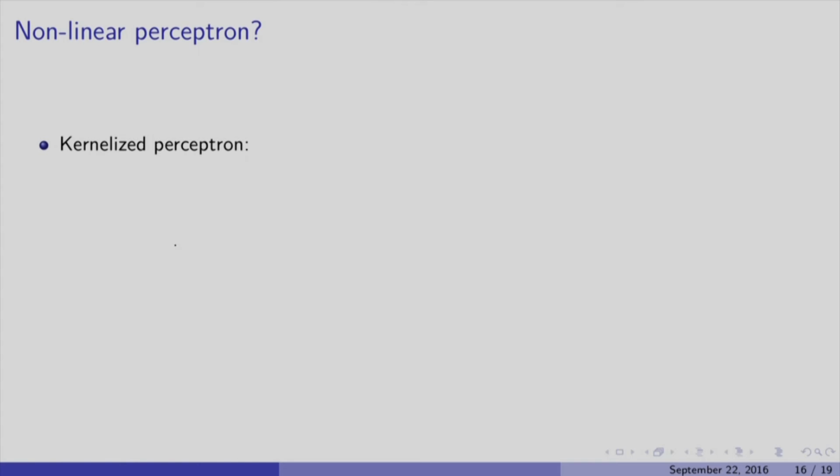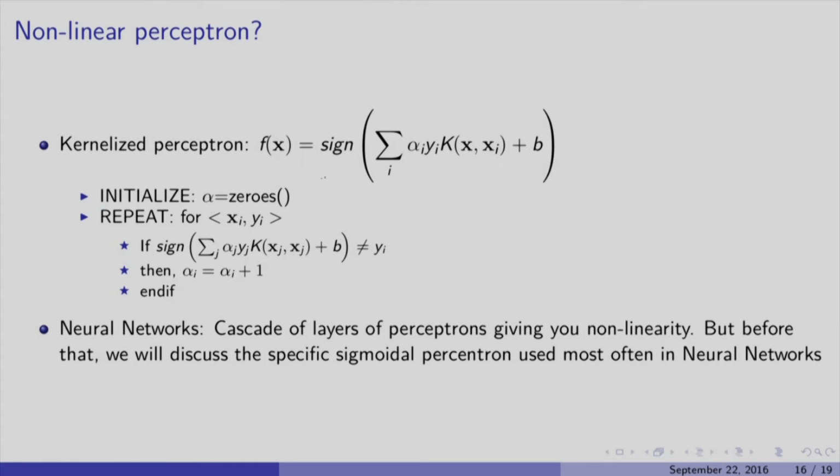How about kernelizing the perceptron? And indeed, it is possible. Recall our discussion of non-parametric regression. Very similarly, we can set the decision function to be a summation over all the points, with some weight alpha i associated with each point, times yi times a similarity between x and xi.